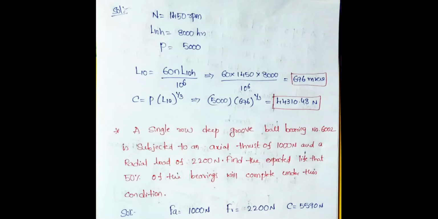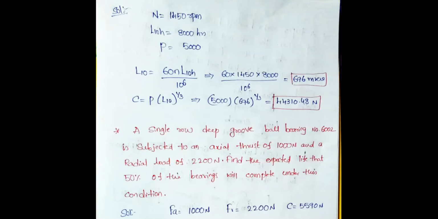So this requires the data book. Why we require the data book: please go back to your design procedure of the rolling contact bearing. First you have to calculate the axial load and radial load.